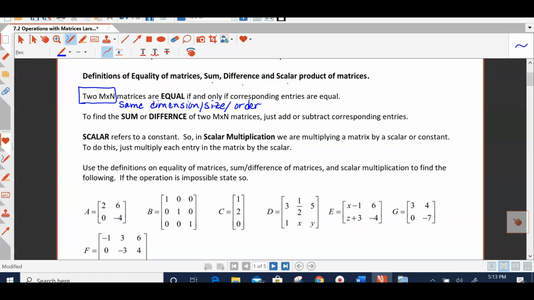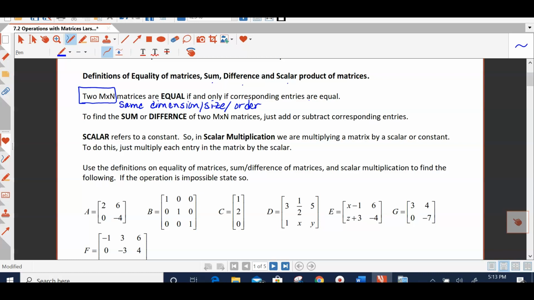So your matrices have to be the same size before you can consider them equal. So they're both the same size. Now they'll be equal if all the corresponding entries are equal. So there's our first operation. Not necessarily an operation, but our first definition.